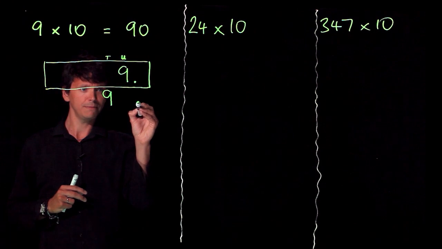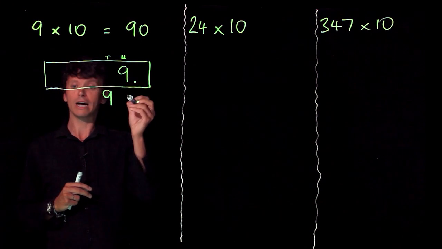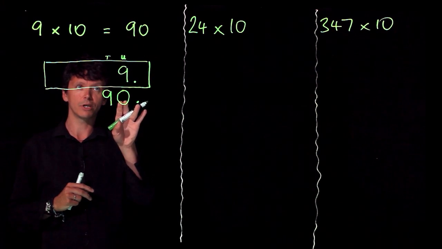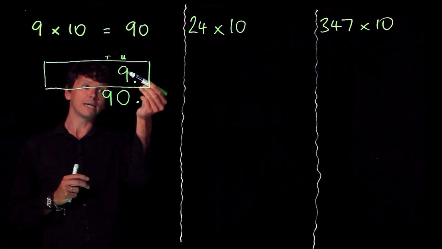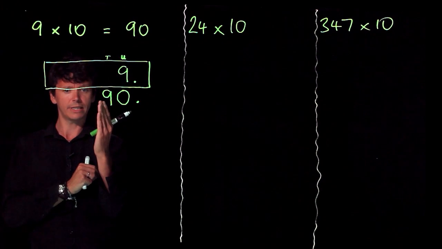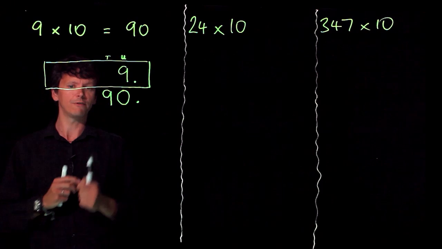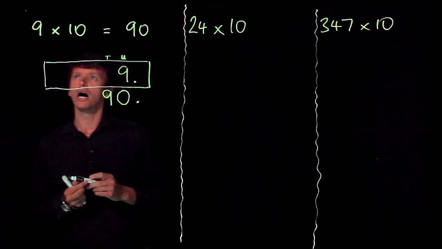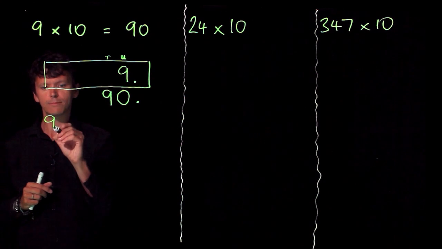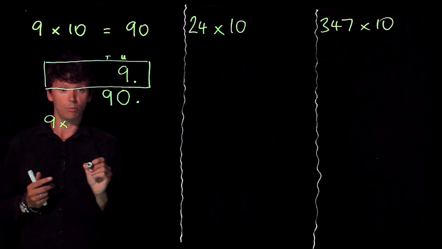Decimal point is still there, and we have a space. We no longer have any units, so we put a 0 in there, meaning we have no units. So our 9 multiplied by 10 has become 90. Effectively, we've shifted that 9 one place to the left.